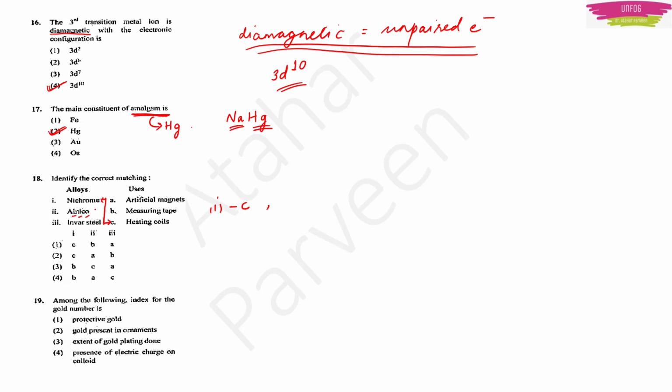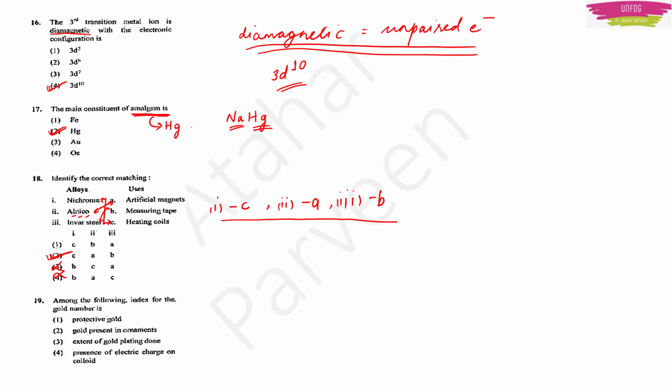So alnico matches with option A. Then the third automatically becomes B, right? Invar steel with measuring tape. Invar steel is used in making measuring tape. Is there any option matching with our series? We have 1C, 2A and 3B. With 1C, the third and fourth cannot be the answer. With 2A and 3B, the second option should be the right answer.